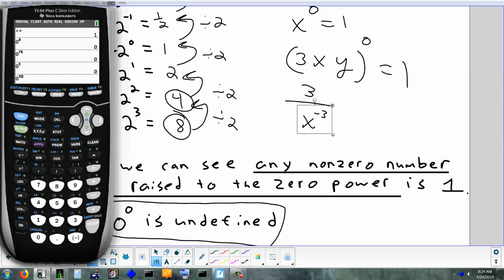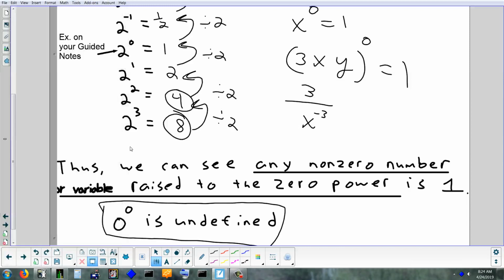How about 0 to the 9th power? 0. So it looks like whenever the base is 0 and you raise it to a power, you get 0. But we said earlier, whenever the exponent is 0, you should always get a 1. Well, now it's like these two things are fighting each other, right?